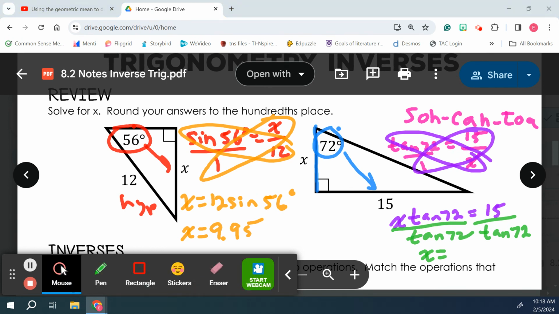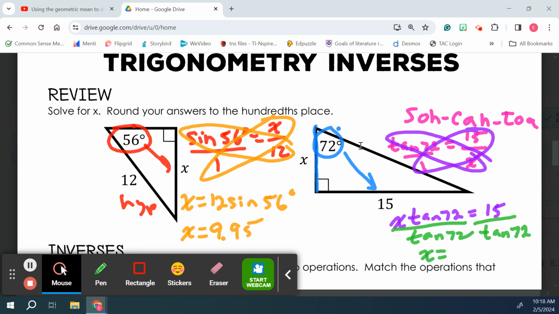Vienna, what's it going to be? All you need to do is put this in your calculator. What'd you get? What do you have in your calculator?